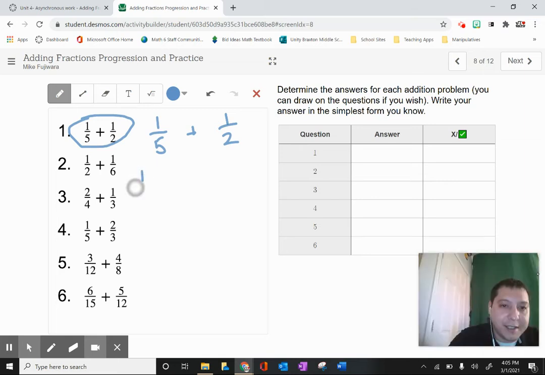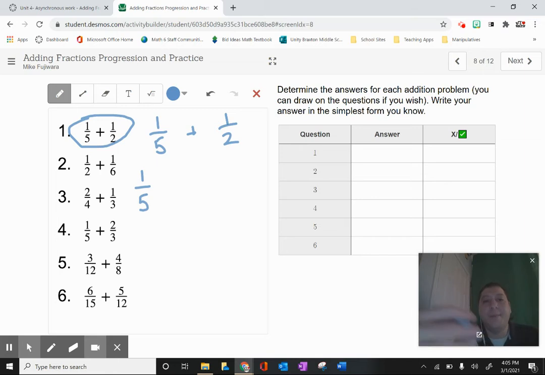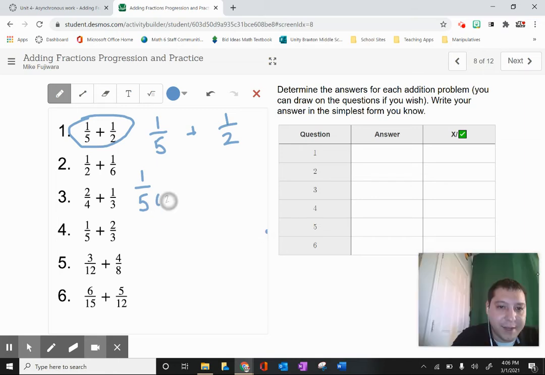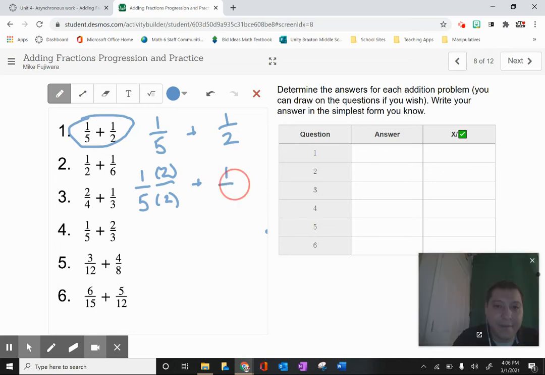One strategy is to just multiply the first fraction by the denominator of the second fraction, which might sound confusing, but it's this number. I'm multiplying the first fraction by 2, on the top and the bottom. And then with the 1/2, I'm going to multiply it by the denominator of the other fraction, the 1/5. So 5 is the denominator.